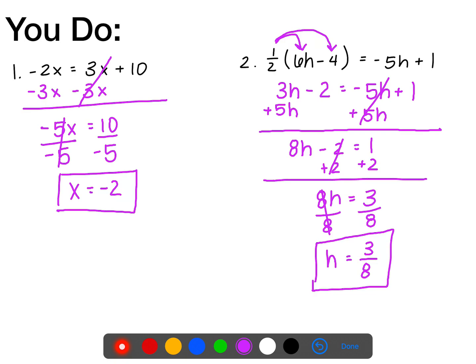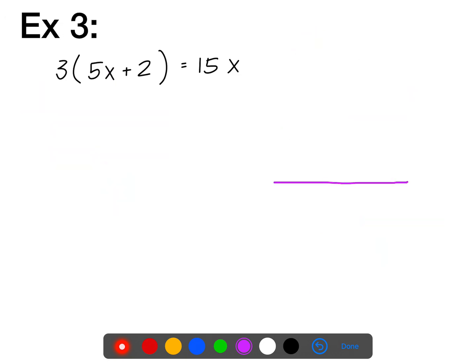So now let's look at another situation, a little bit trickier. What if I end up with something like 3 times the quantity of 5x plus 2 equals 15x? So you know right off the bat, I'm going to distribute. I'm going to get 15x plus 6 equals 15x.